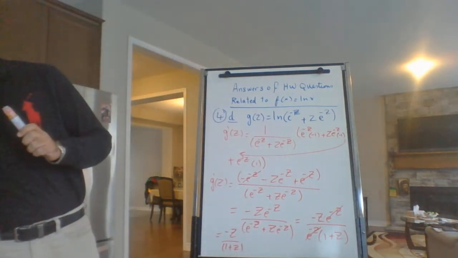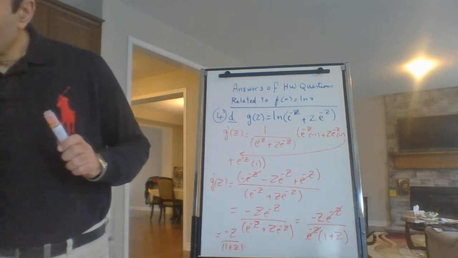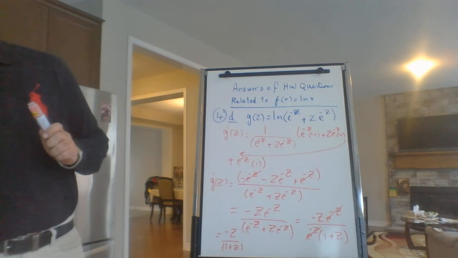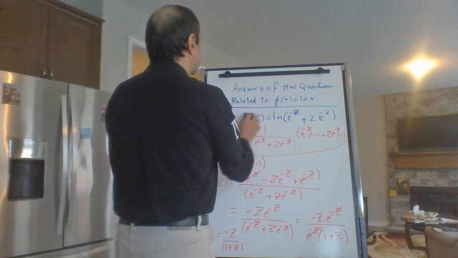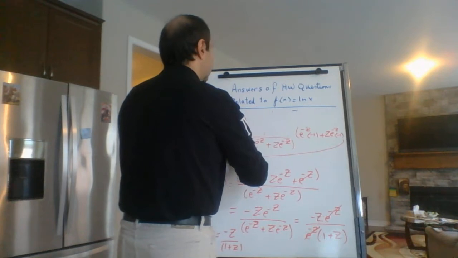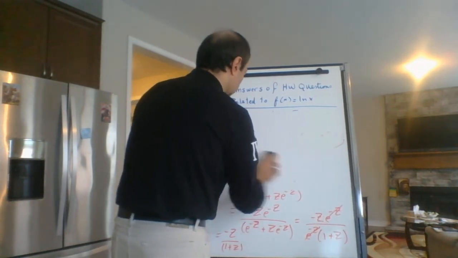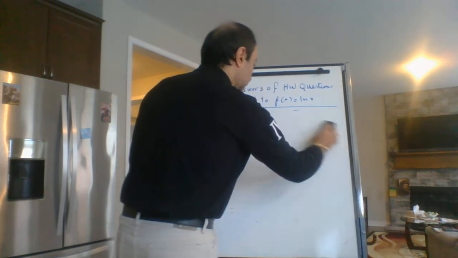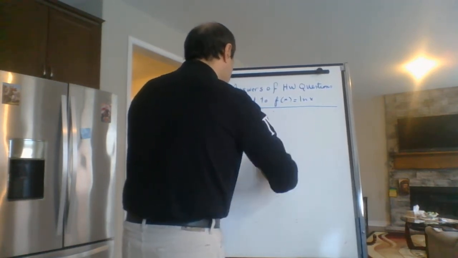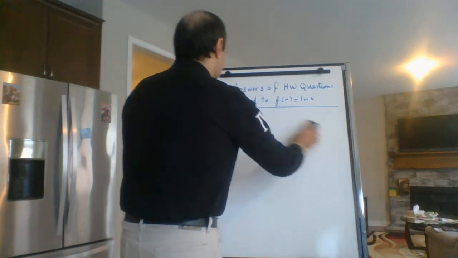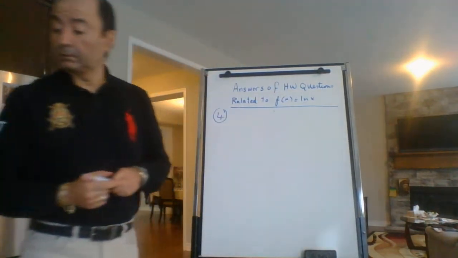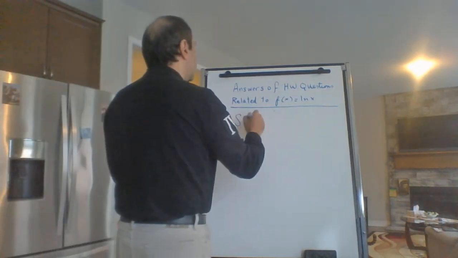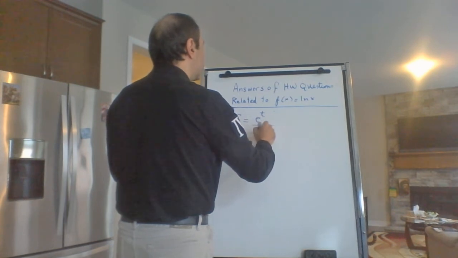Alright, now let's do the next one. 4e, I didn't do 4e. s equals e to the power of t over ln t.